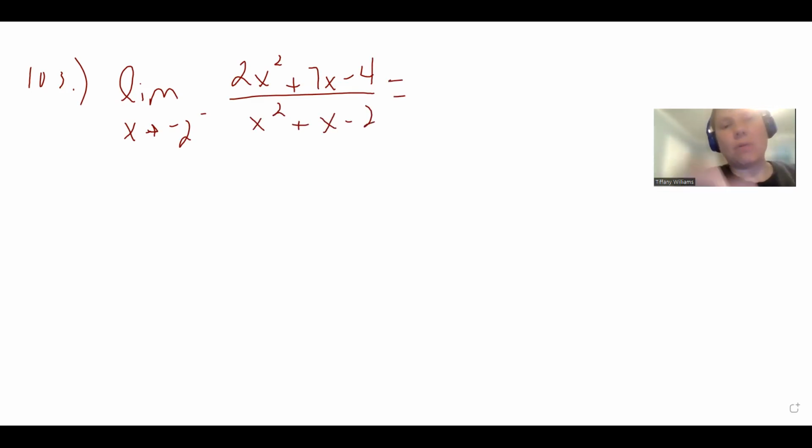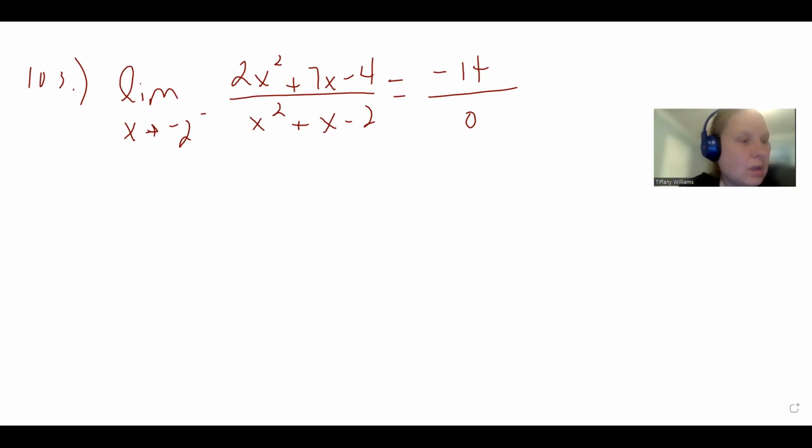Okay, so if we were to do direct substitution, I would plug in -2 into all of my x's here. And guys, I'm going to assume that you're okay with the math. If I plug in -2 on the top, I do end up with -14. If I plug in -2 on the bottom, I do end up with 0. That is an issue. That's undefined. So I've got to somehow try to fix this up.